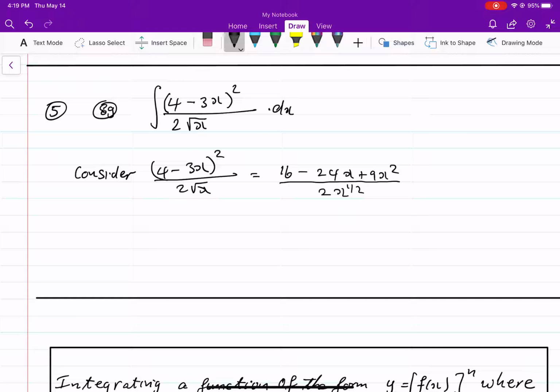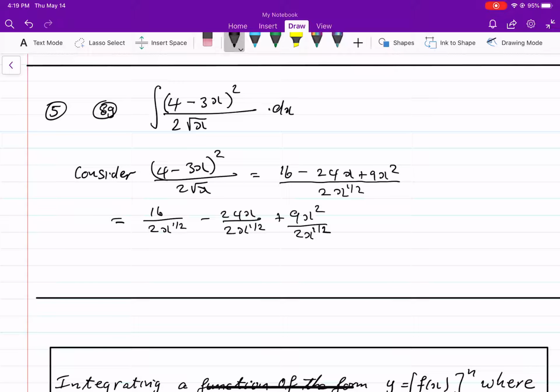And then now what I'll do, I'll break this up into 3 separate fractions. This would be 16 upon 2x to the half minus 24x upon 2x to the half plus 9x squared upon 2x to the half.